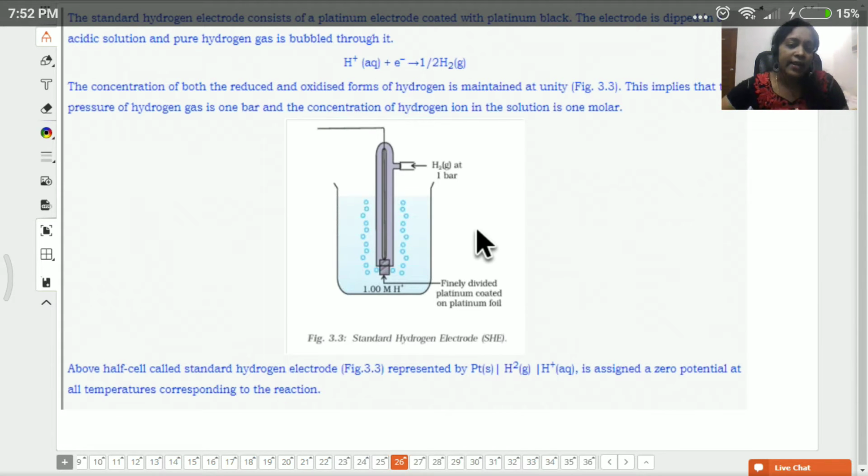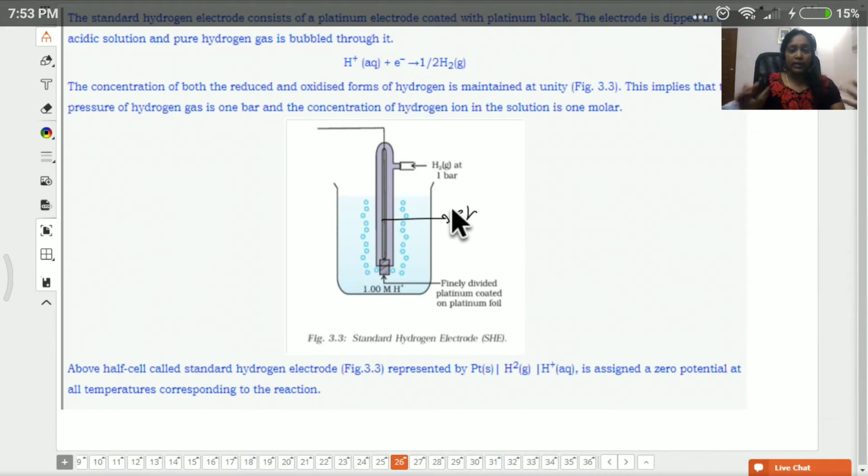So this is the standard hydrogen electrode for those of you who wanted to see what it looks like. It's basically a platinum electrode covered with what we call platinum black. It's called platinized platinum. It's just powdered platinum applied on the platinum so that it increases the surface area and makes it a better catalyst.